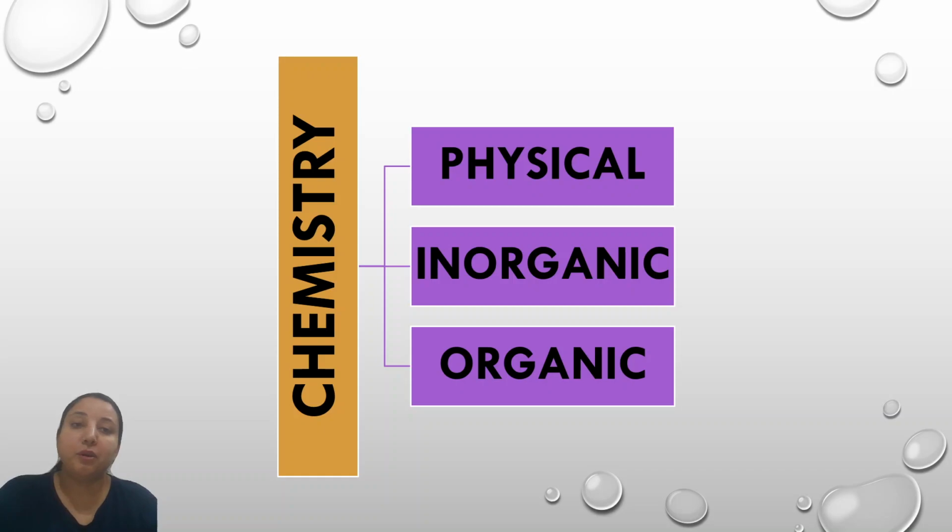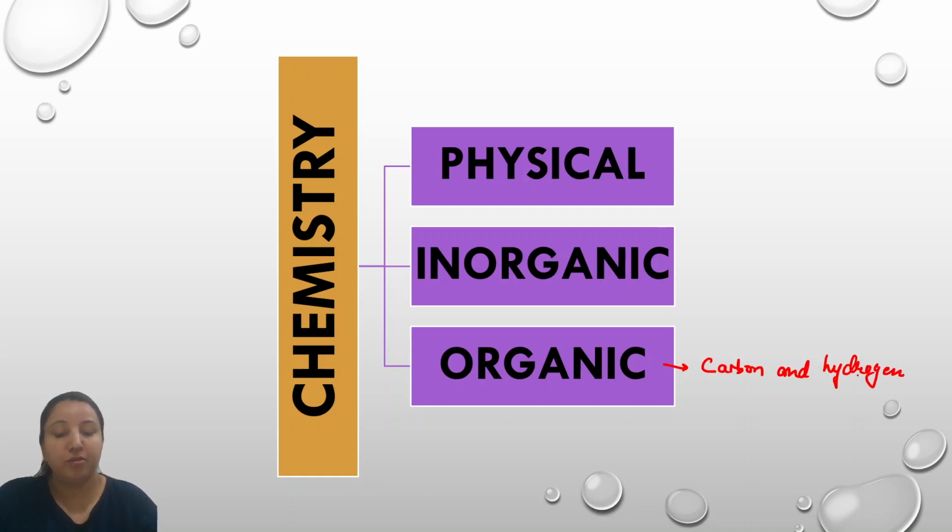It is divided into physical chemistry, inorganic chemistry, and organic chemistry. As you all know, organic chemistry is the branch of chemistry which deals particularly with carbon and hydrogen compounds. Inorganic chemistry is concerned with the properties and behavior of inorganic compounds.